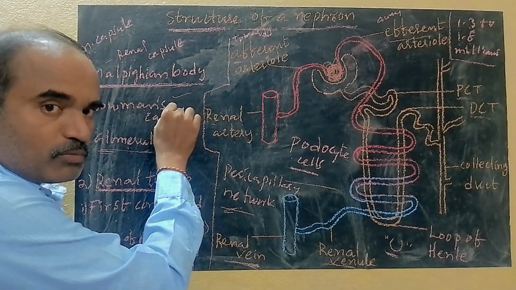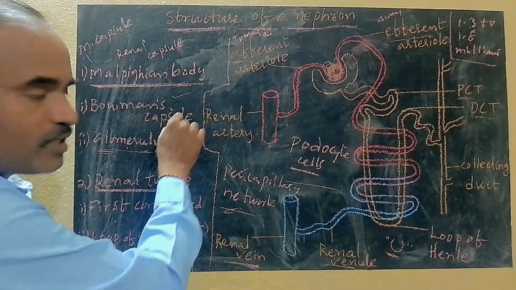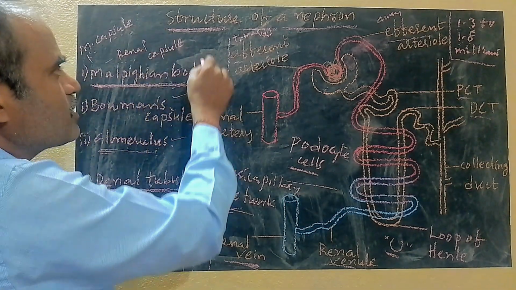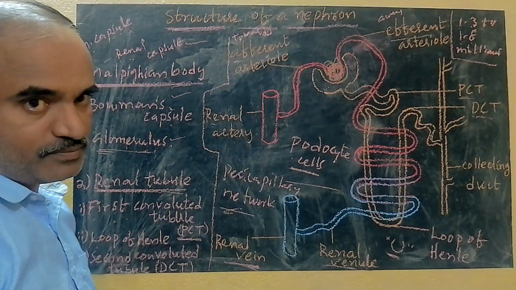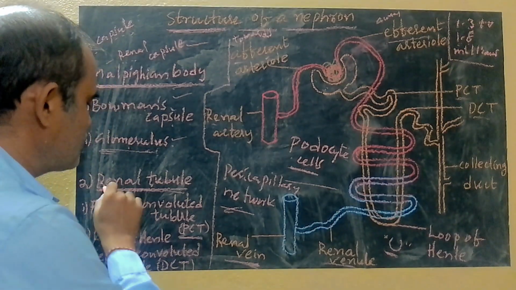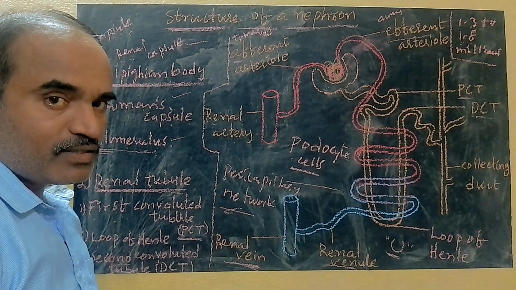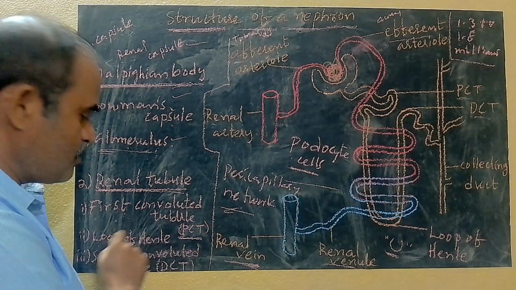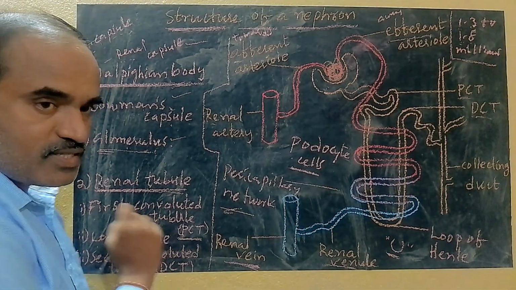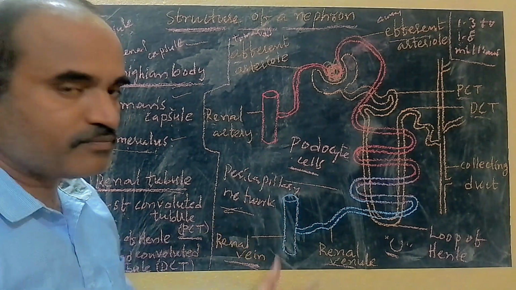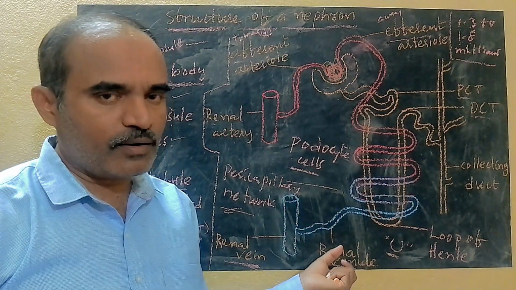Both Bowman's capsule and the glomerulus together constitute the Malpighian body, also called the Malpighian capsule or renal capsule. The next part of the nephron is the renal tubule, which has three parts: the first convoluted tubule PCT, the loop of Henle, and the second convoluted tubule DCT.